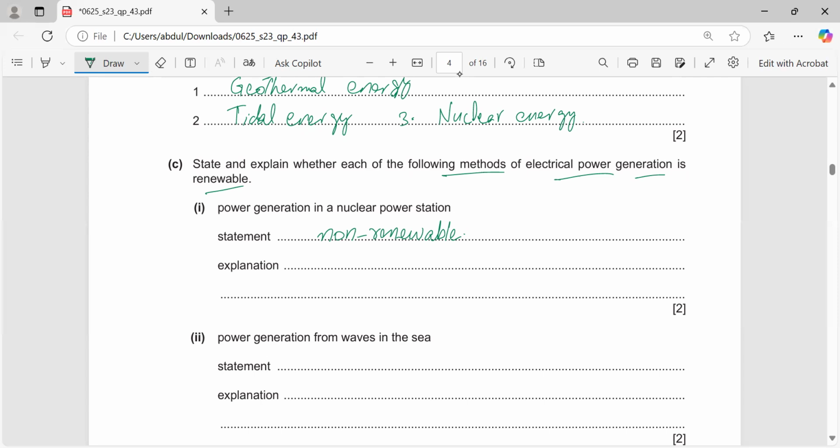Anyway, you can write this answer, it will not be a problem. So what we are going to write now: nuclear fuel is used up or will be used up on continuous use.